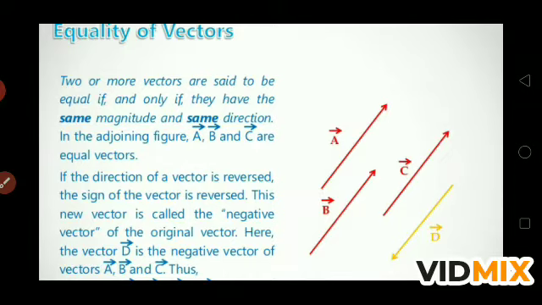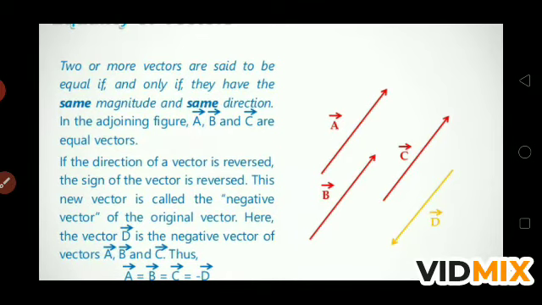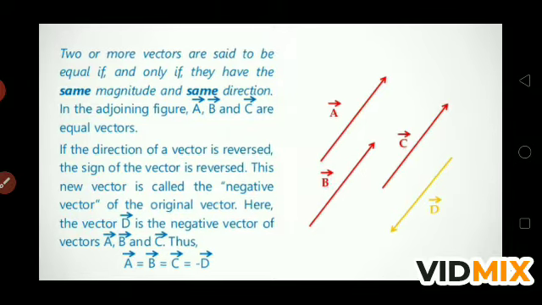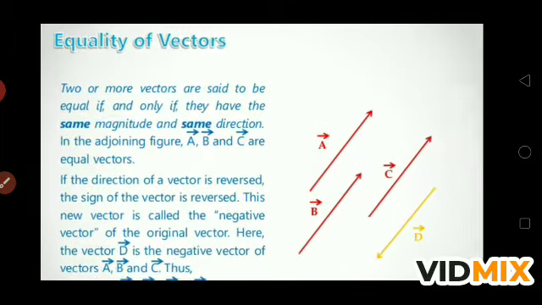If you see in this figure, it is very clear here. A, B and C are equal vectors, and if the direction of the vector is reversed, the sign of the vector is reversed, and this new vector is known as the negative vector of the original vector. So here vector D is the negative vector of vectors A, B and C, and we can write A is equal to B is equal to C and it is equal to minus D. So this is the way to represent equal vectors.